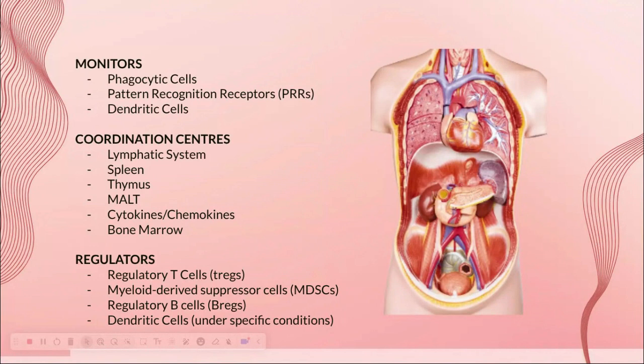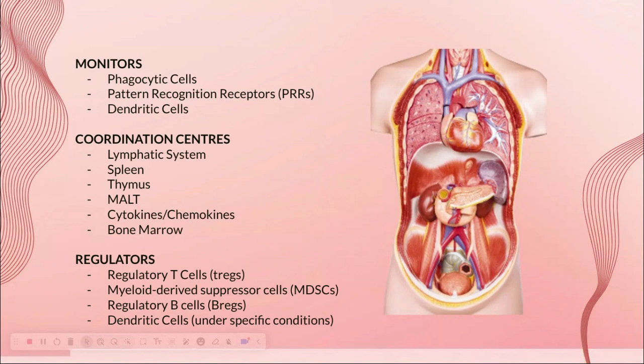So the monitors of the immune system are its surveillance mechanisms, constantly patrolling the body to detect pathogens, abnormal cells, or tissue damage. These include specialized cells, receptors, and signaling molecules that act as the system's first responders. Phagocytic cells, such as macrophages and neutrophils, play a crucial role by engulfing and destroying invading microbes or debris.